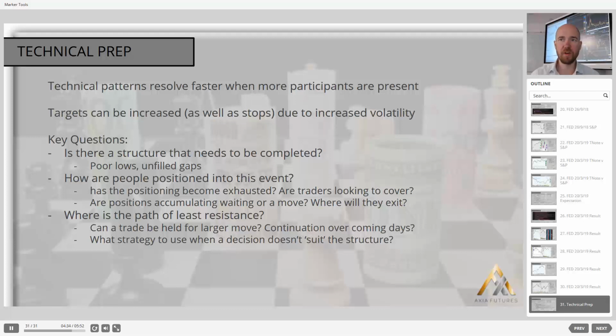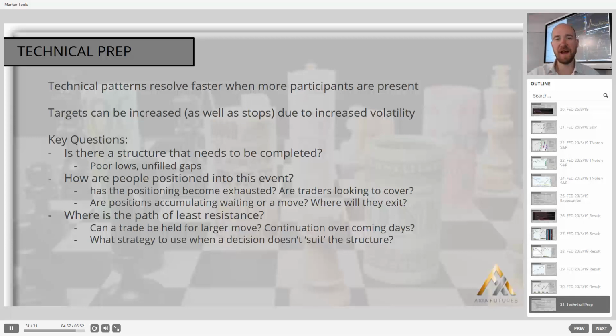What it also allows you to do is understand what strategy then to use if a decision doesn't suit the technical landscape. So if you have a bullish market and you get a bearish type decision, not every hawkish decision is bearish.